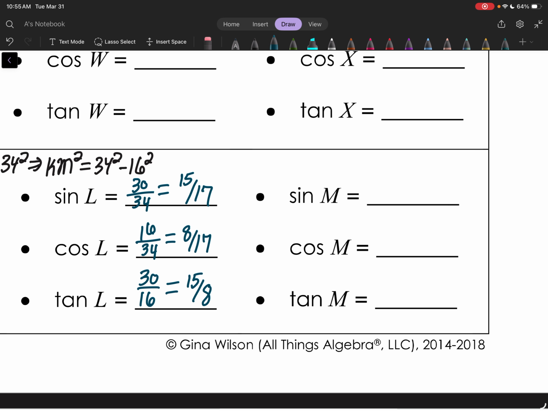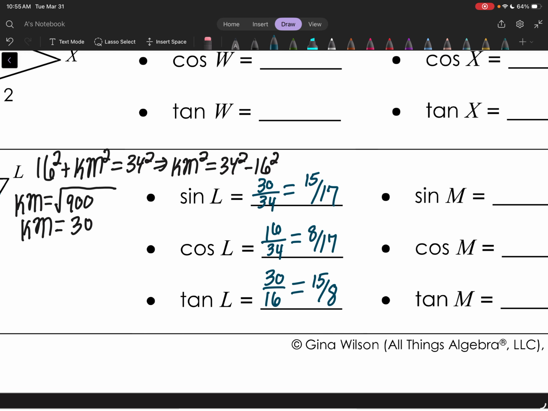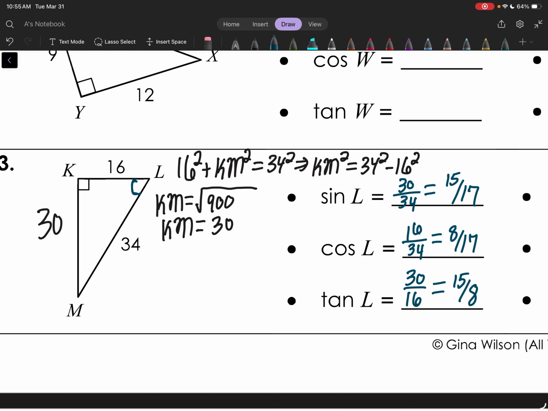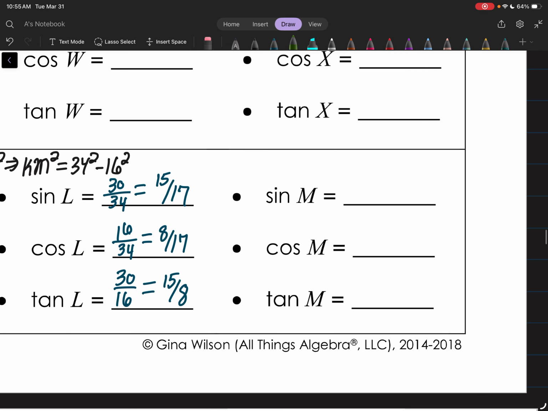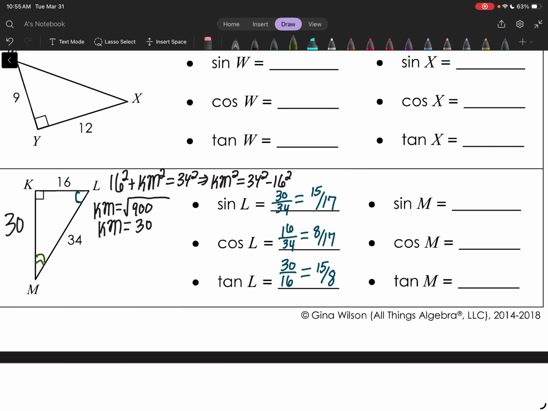I'm asked to find the same thing now with the other angle, which is M. So I'm looking at angle M. Sine, opposite over hypotenuse, 16 over 34. So 8 over 17.